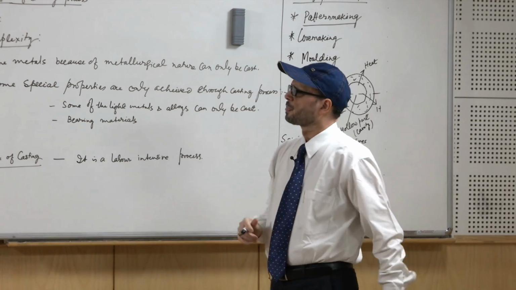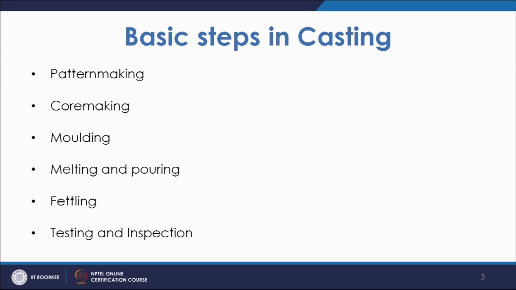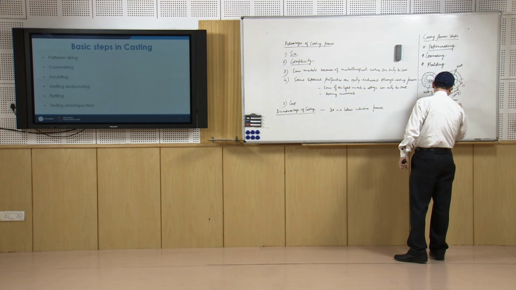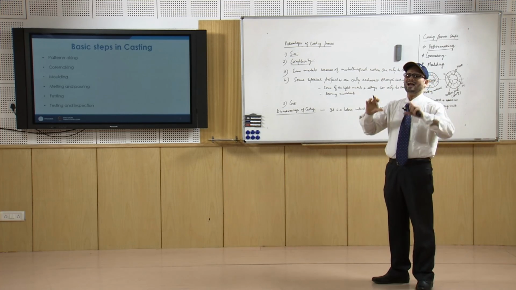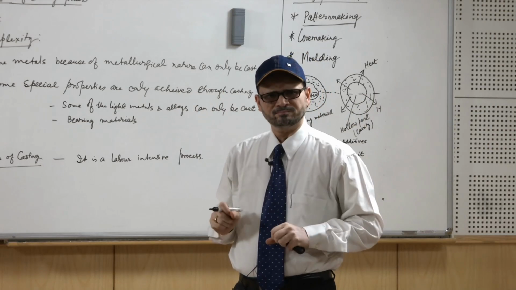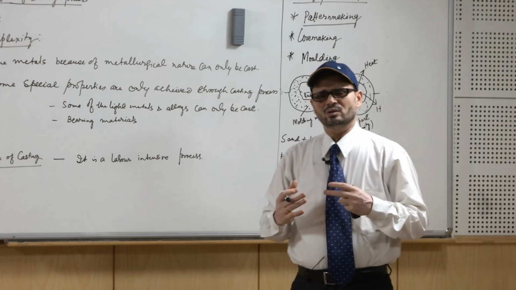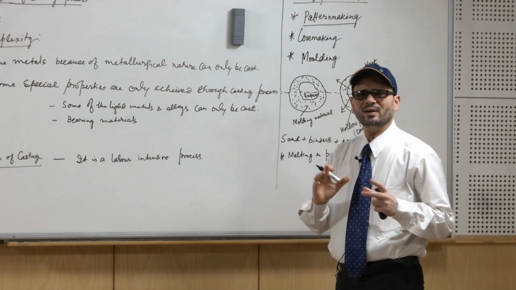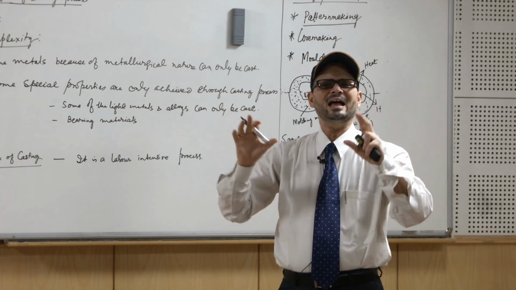After molding, we have a melting and pouring unit. In the melting and pouring unit, you have different types of furnaces, and you have also the ways by which these metals from the furnace will be transported to the place where the molding has to take place.